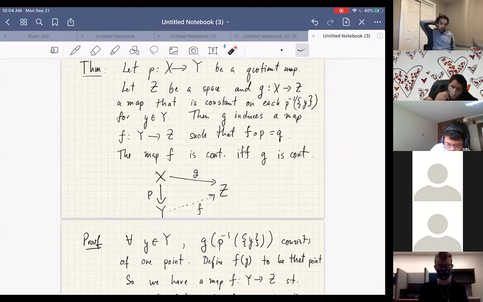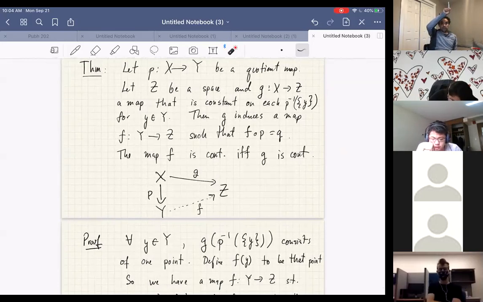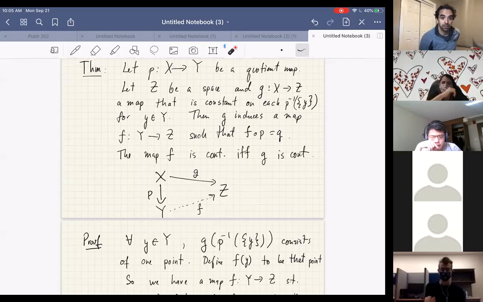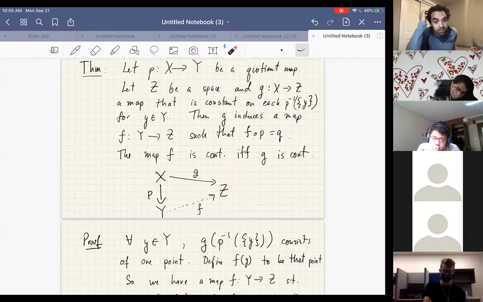Basically, if you have a quotient map from X to Y, and you have a continuous map defined with domain X, then that continuous map descends to a continuous map from the range Y to Z. In other words, continuous maps descend along quotient maps to obtain continuous maps.